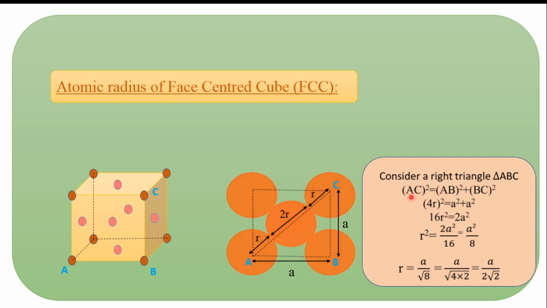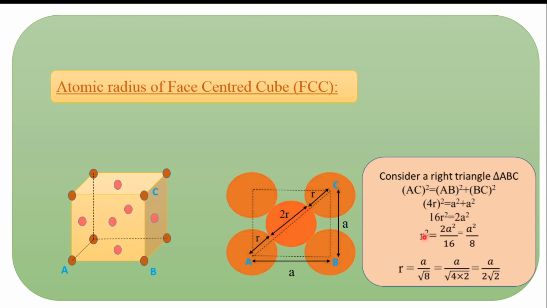So we can write AC square is equal to AB square plus BC square. But AC is 4R, so 4R square is equal to A square plus A square. So 16R square is equal to 2A square.